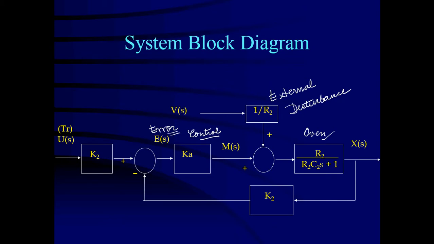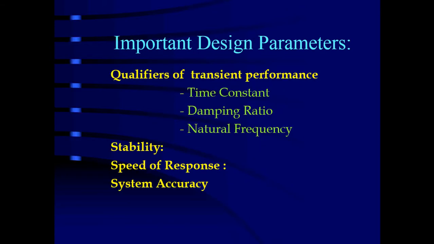Wow, very good. So let's see. Important parameters that we need. We need to look at the time constant, the damping ratio, and the natural frequency. These are the important things that we need to study: the stability of the system, speed of response, and accuracy. But all this comes after we have all our block diagrams in place, right?